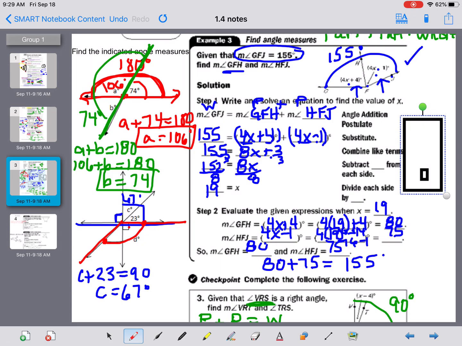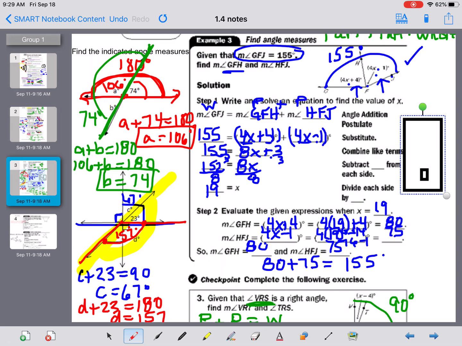So look at this nice straight line, right? And this whole thing is a straight angle, so that should make 180. So if I go D plus 23, I should be able to make 180. Subtract 23, and D is going to equal 157. So I get 157 in there for D, okay?